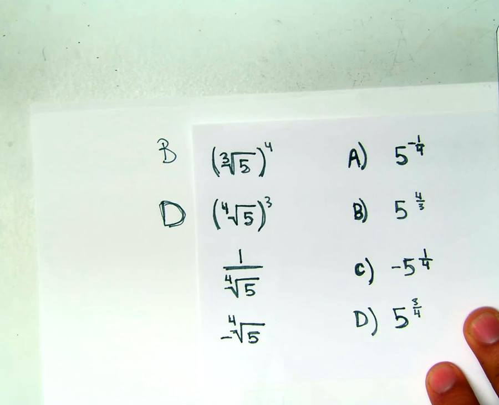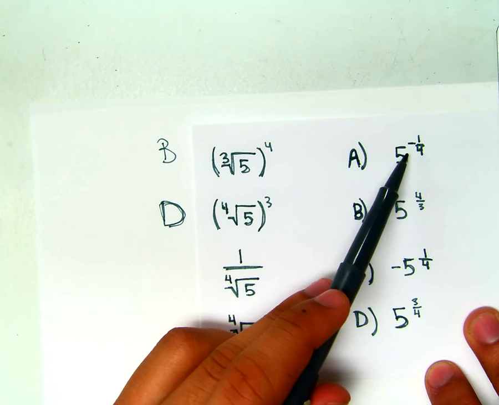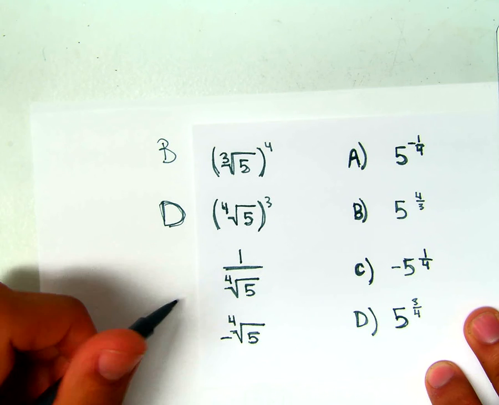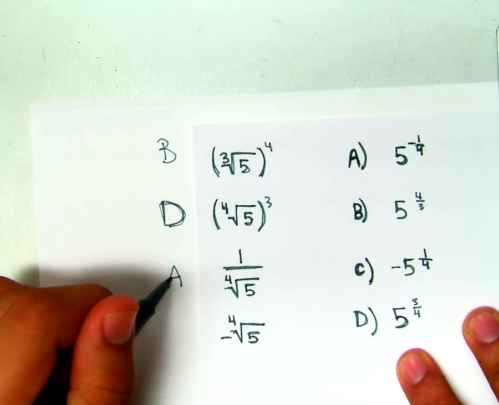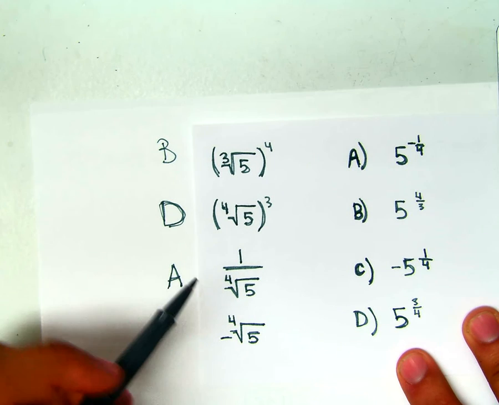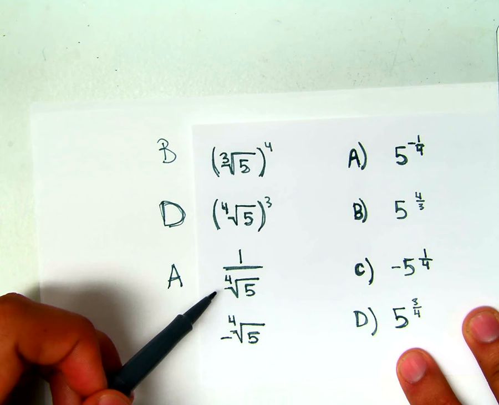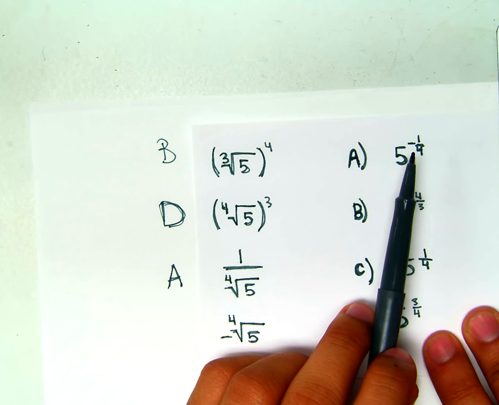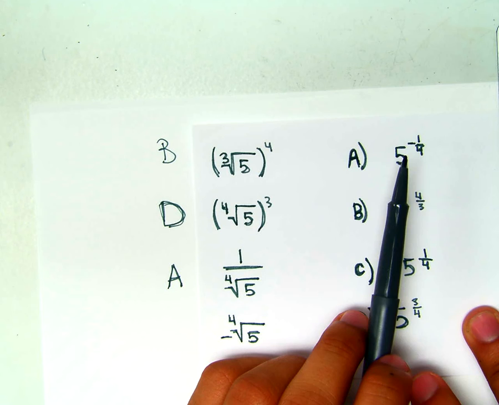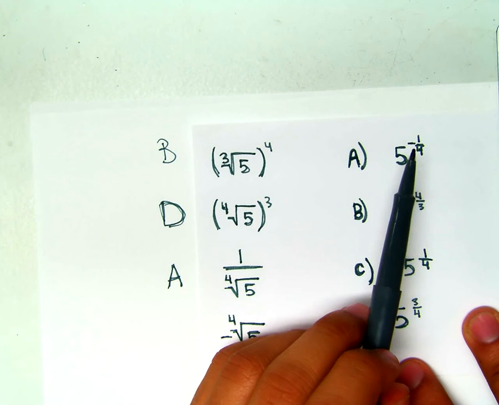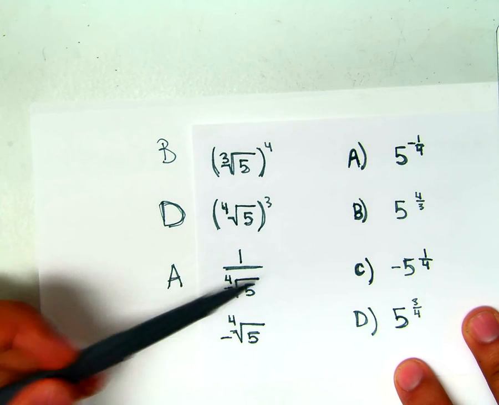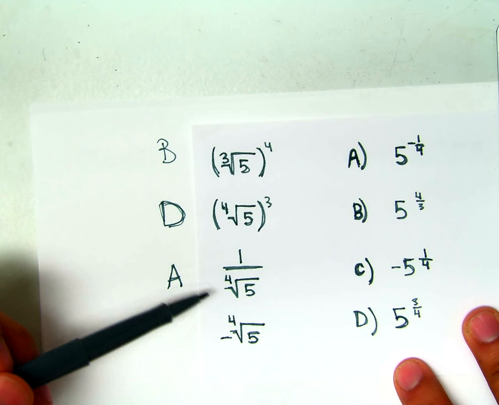So instead of multiplying, we're now dividing. So we can put this in the denominator. And so this expression here is A. Normally if we had 5 squared, it'd be 5 times 5, right? We're multiplying. Well, anytime we have a negative exponent, that's when we do the opposite, we divide. So we can write that in the denominator as the 4th root.